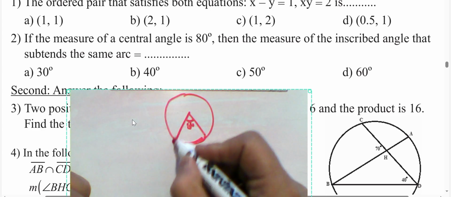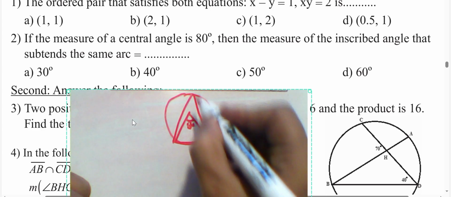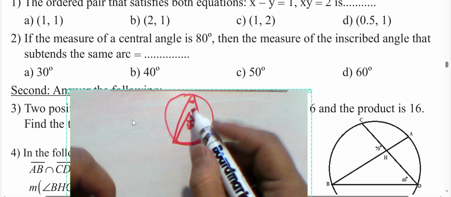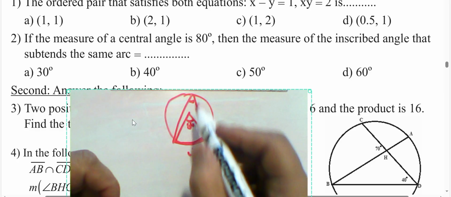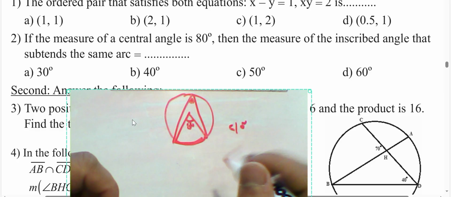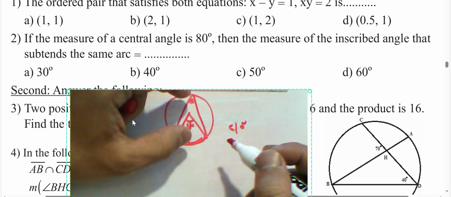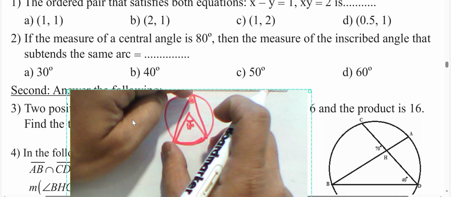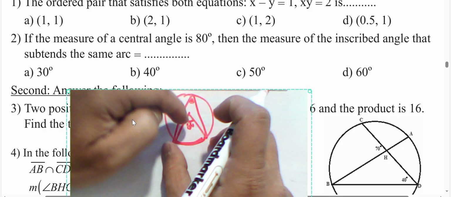He asked about this angle. We call that an inscribed angle. It subtends the same arc, so it will be half of 80, which is 40 degrees. What is the relation between the inscribed angle and the central angle? If they are drawn on the same arc, then the measure of the inscribed angle is half of the central angle. It will be 40 degrees. Choose letter B.